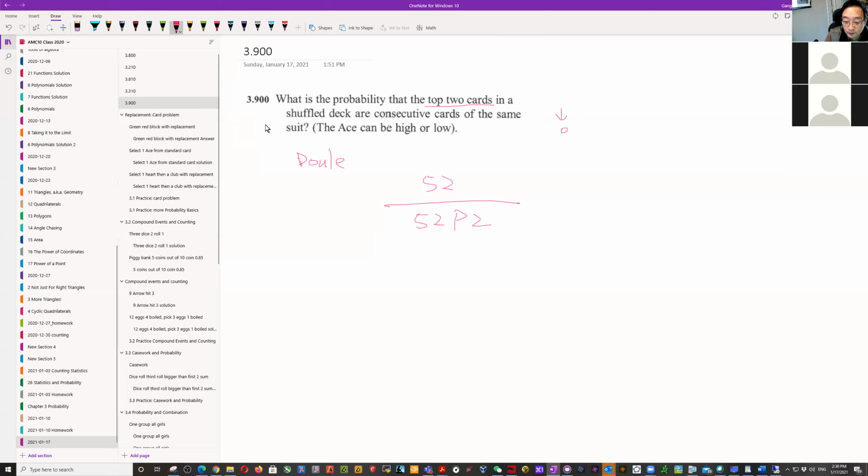And once you select that card, you can only pick a higher or lower card.